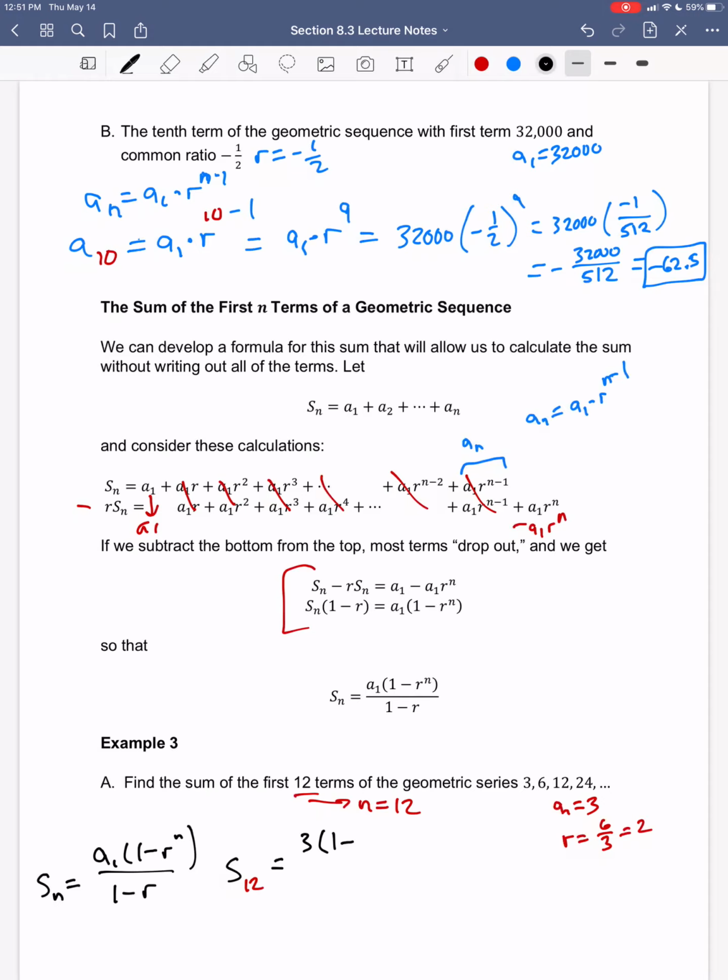R is 2. N is 12. And then I get 1 minus 2. So I need 1 minus 2 to the 12th. If I take 2 to the 12th power, that's 4096.